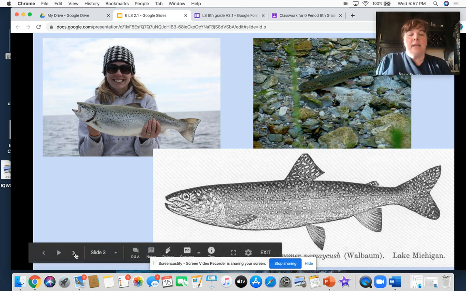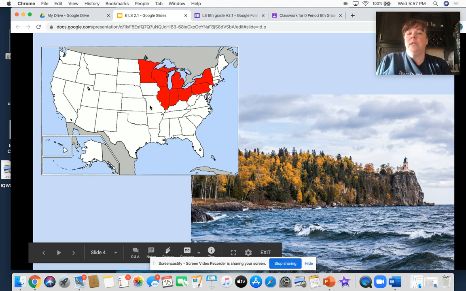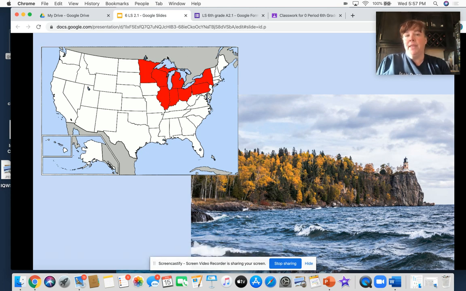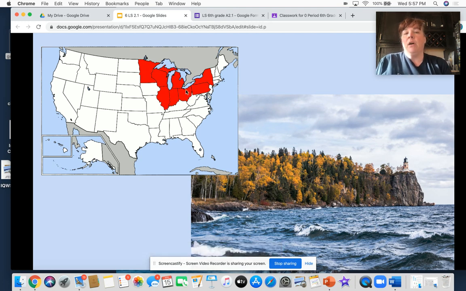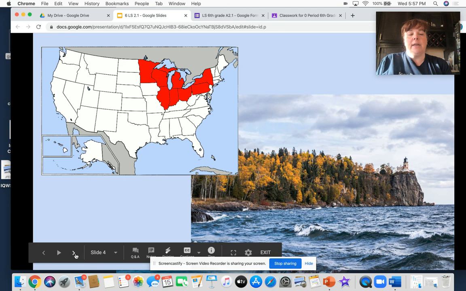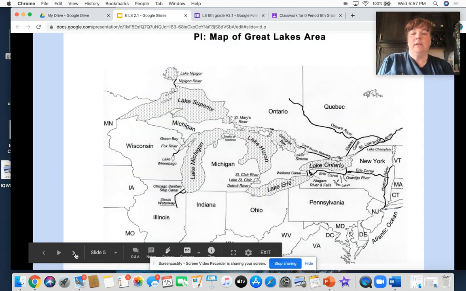These kind of trout live in the Great Lakes region. Here's a picture of the Great Lakes. This is Lake Superior, and they're all right up here, in that area. Now there's a better view, a written map, so you can see kind of where we're looking at.